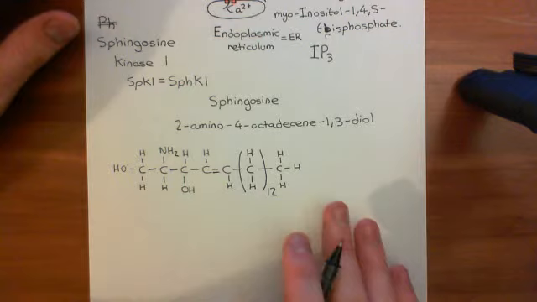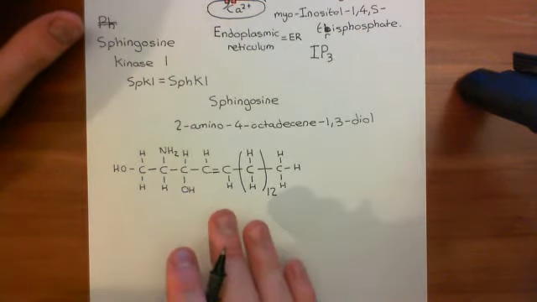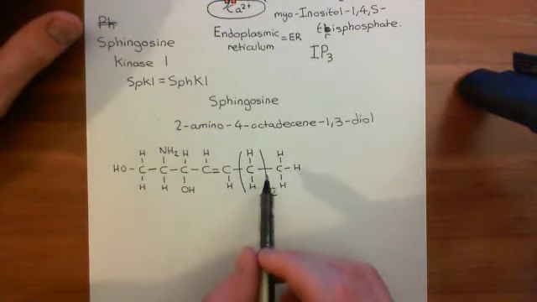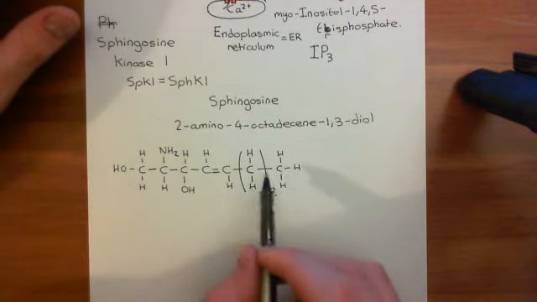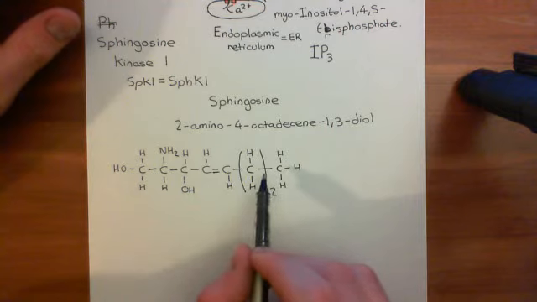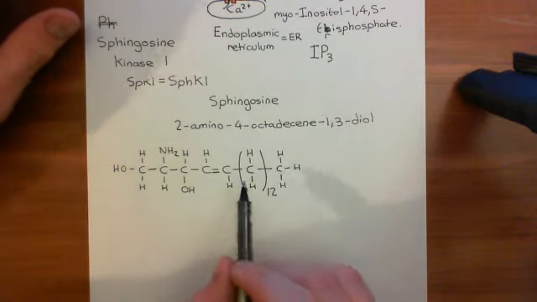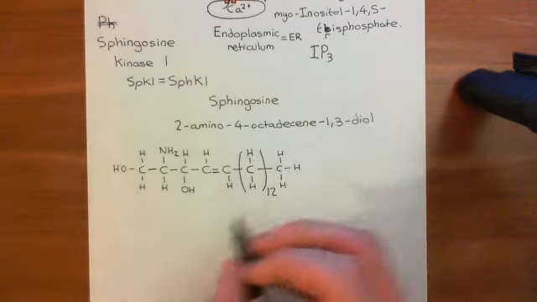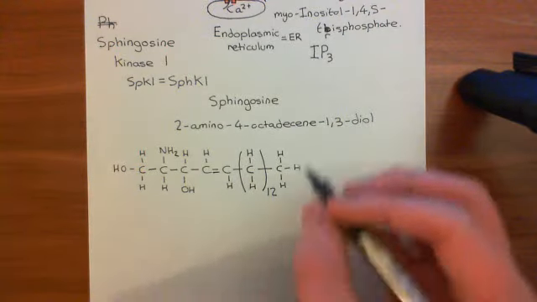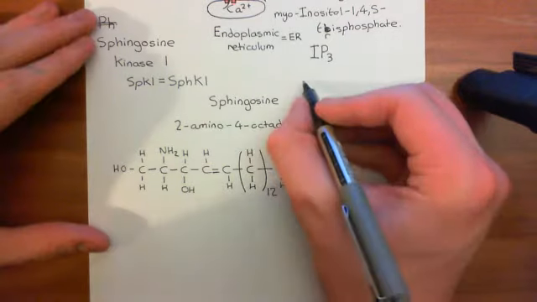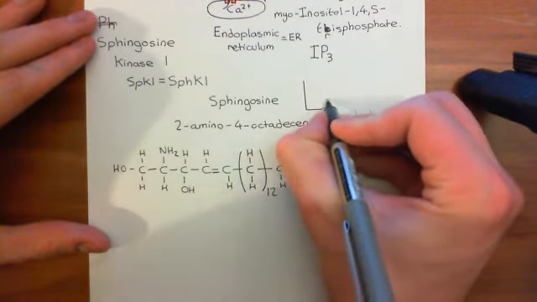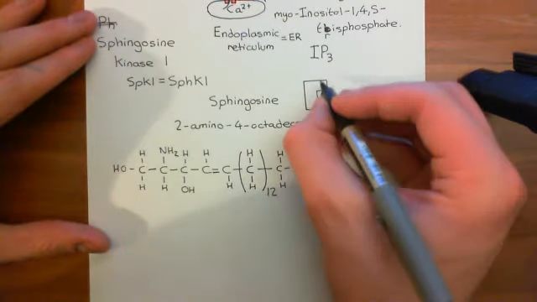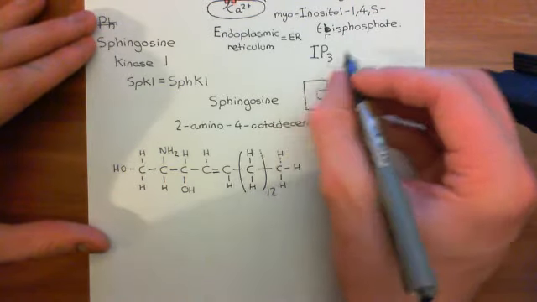Okay, now as you can see, this is a very long molecule and it's quite hydrophobic, at least this bit down here is. So what can happen, well, what does happen is this implants into the phospholipid bilayer basically. So you have this molecule within the phospholipid bilayer. Now the enzyme sphingosine kinase, which usually is not active, but once the protein kinase C enzyme has been activated, protein kinase C will stick a phosphate group onto the side of sphingosine kinase 1.